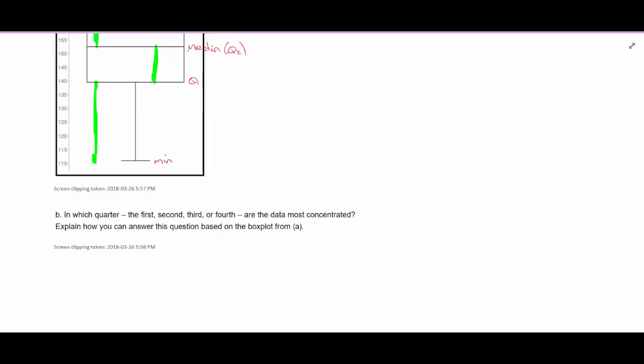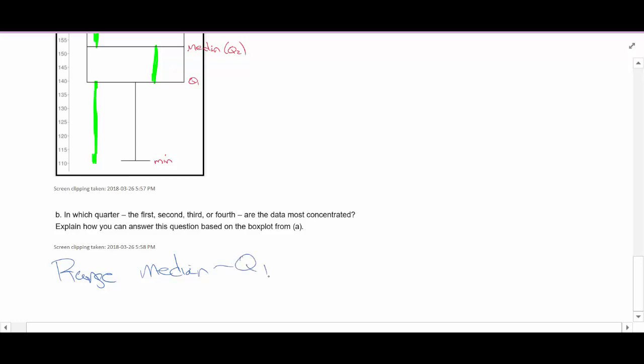So I'm going to find the range between the median and Q1. So the range, call it A, will be the median minus Q1.